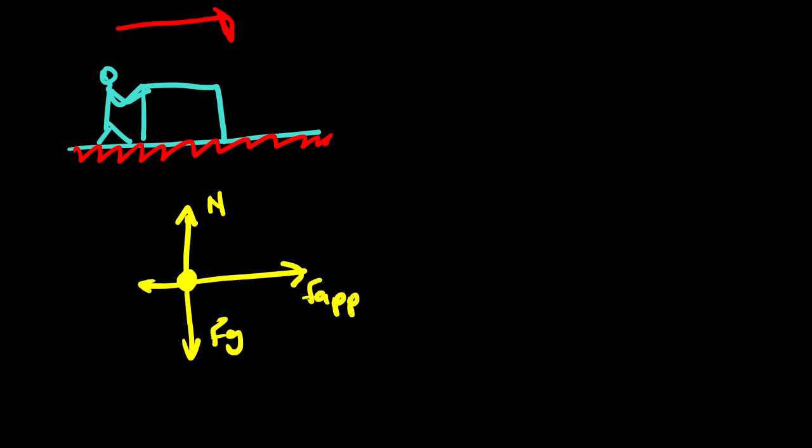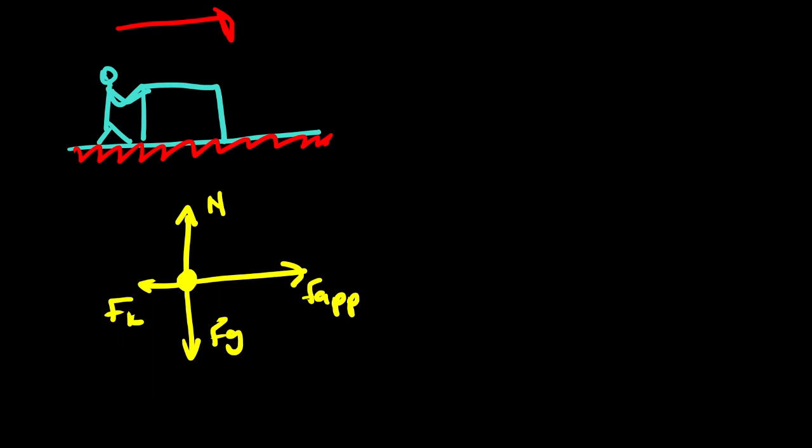Let us start by drawing a free body diagram that indicates all the forces which are experienced by the object. This is what we have: normal force, Fg, force applied, and kinetic friction. So these are the forces which are experienced by the object.